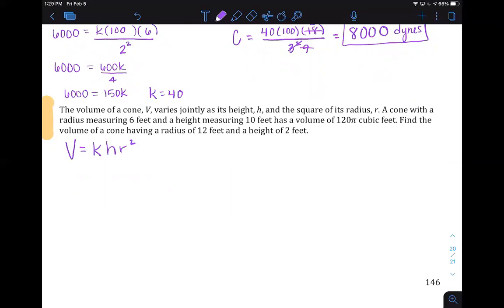A cone with a radius measuring 6 feet and a height measuring 10 has a volume of 120 pi. So 120 pi equals k times, our height is 10 and our radius is 6. 6 squared times 10 is 360.